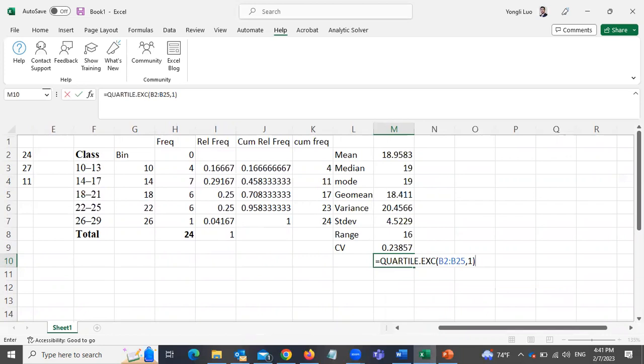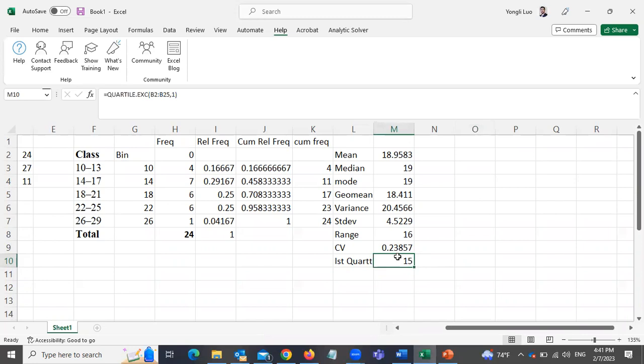If you do the third quantile, it's just comma 3, right? That gives you the first quantile. For the third quantile, you just use comma 3, and then you get that number.